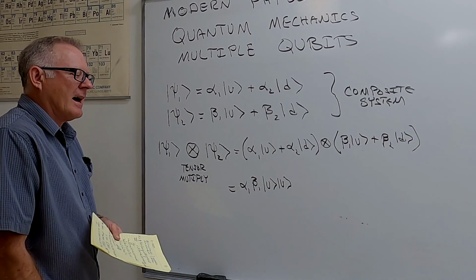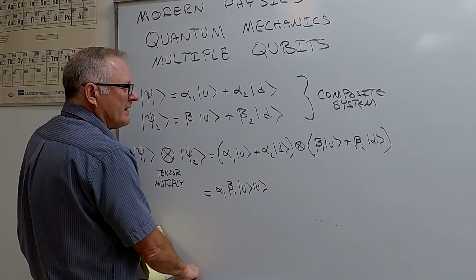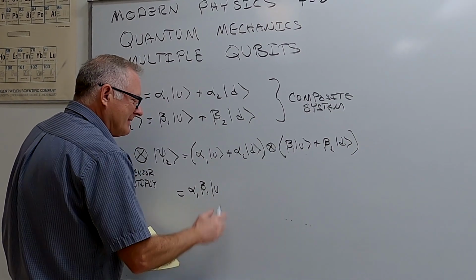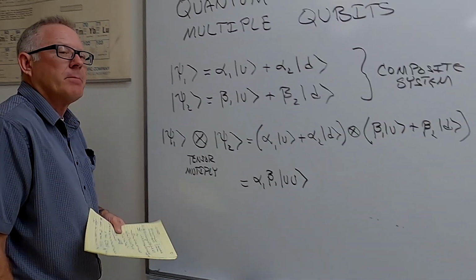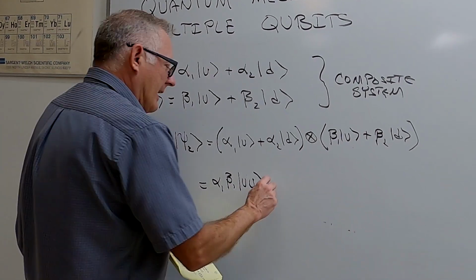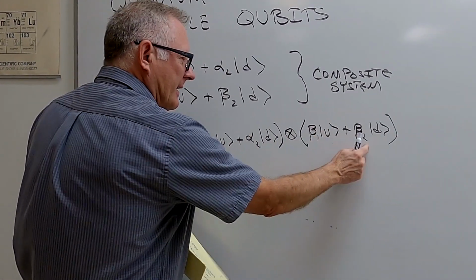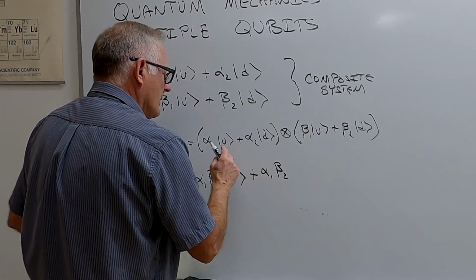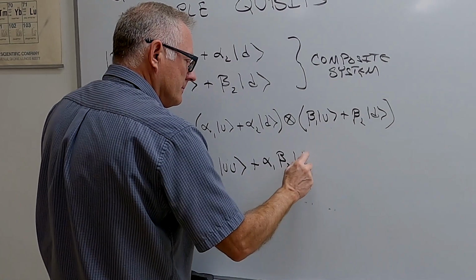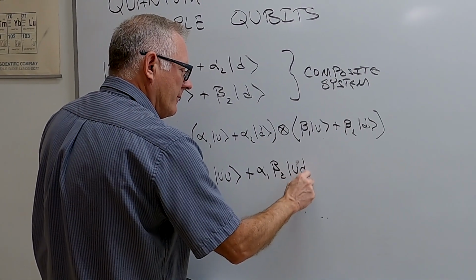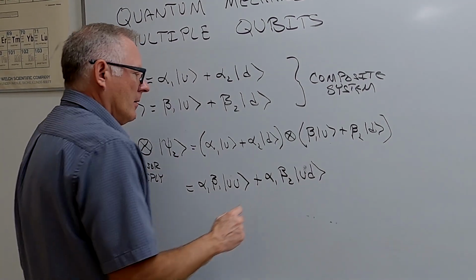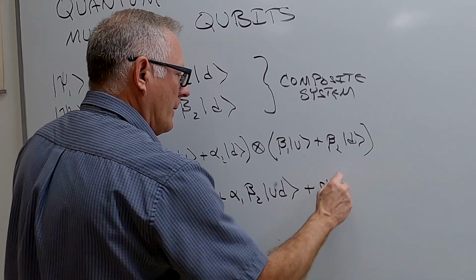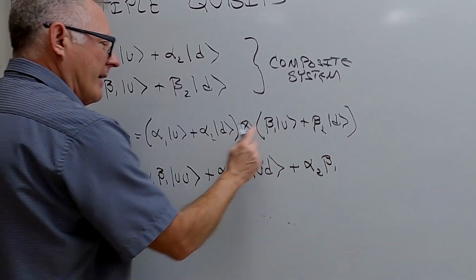It just sticks with up, up. Plus this times this, which is alpha 1 beta 2 up, down, plus this times this, which is alpha 2 beta 1 down, up.